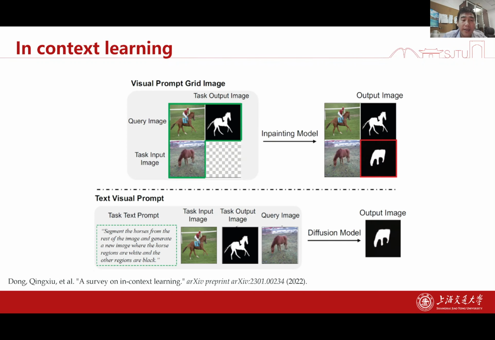So here's another example. Suppose you want to do image segmentation of a horse. How to do it? You give a query image, and the output is just the segmented horse.